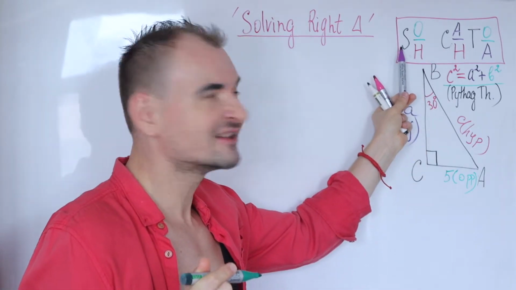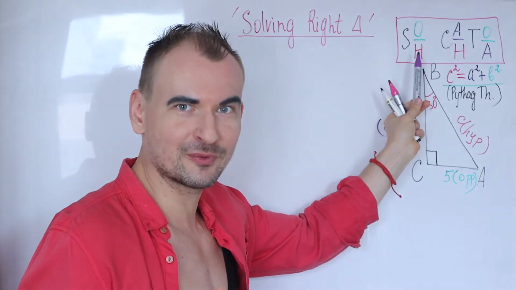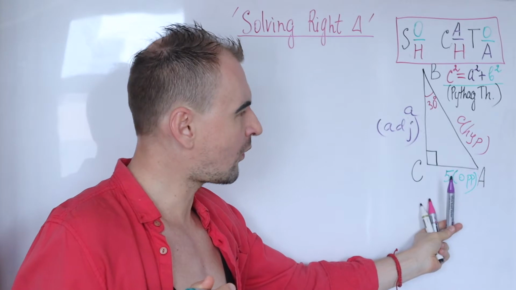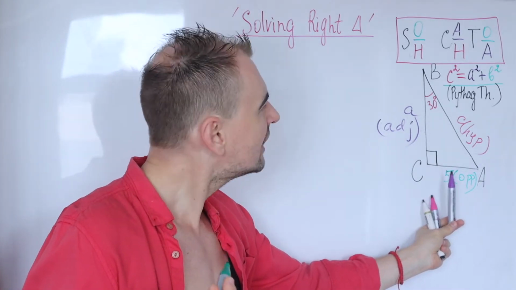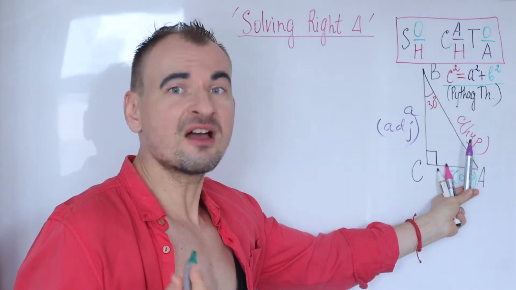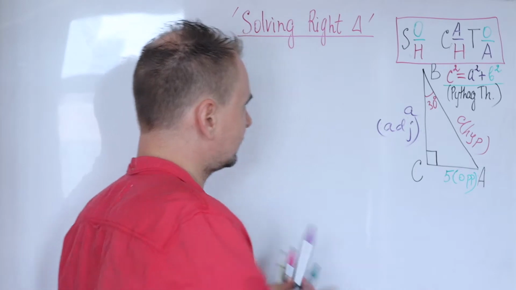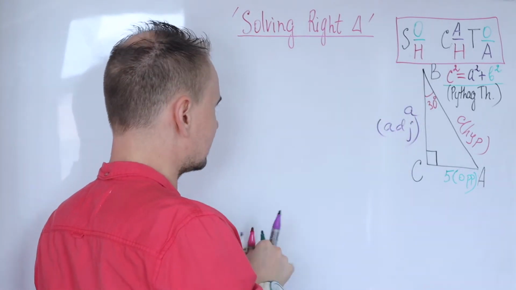Because sine deals with opposite over hypotenuse, and we know the opposite, so we're going to use this actual number, but we don't know the hypotenuse, and we can find it. So let's do it.